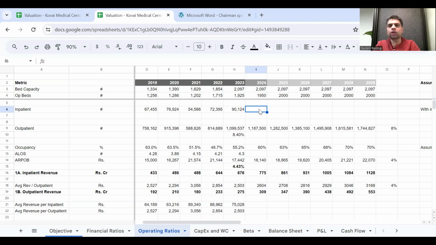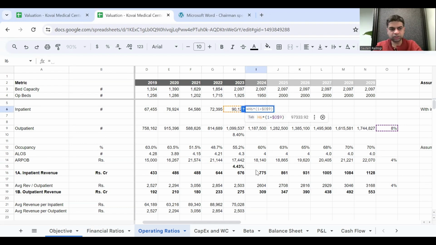To estimate the number of inpatients, we take the revenue from inpatients, convert it into rupees, and divide it by average length of stay times... we need to assume an average length of stay first. For the sake of simplicity, let's assume an average length of stay of 4 days.